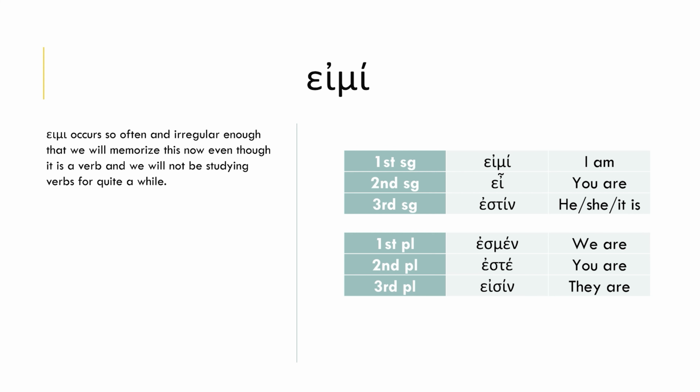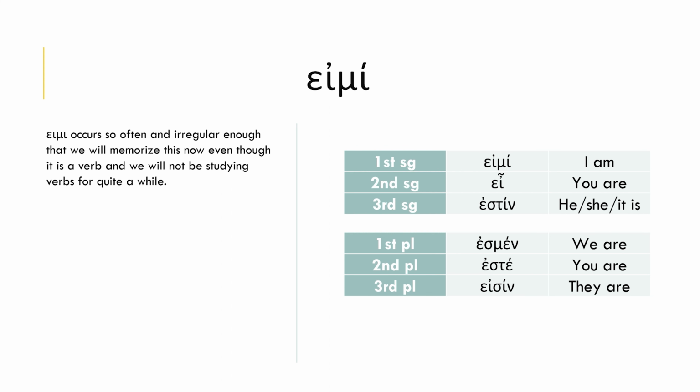So the chart is this. ειμι. On the left-hand side of the chart, it says first singular, second singular, third singular. What does first, second, third mean? First person is when you're saying "I am." I is first person. If you're talking to somebody else, "you," that is called second person.